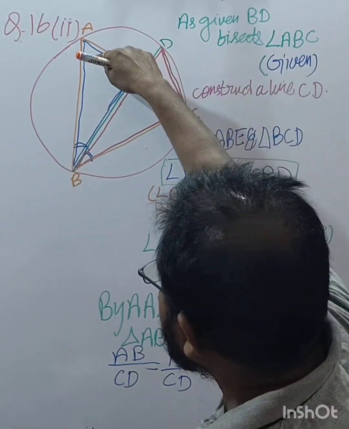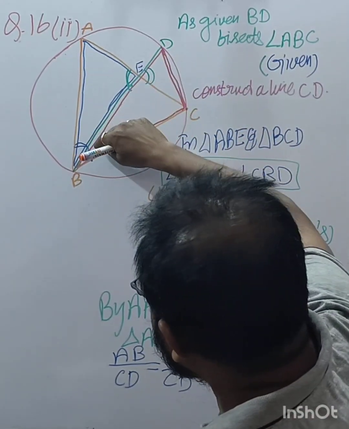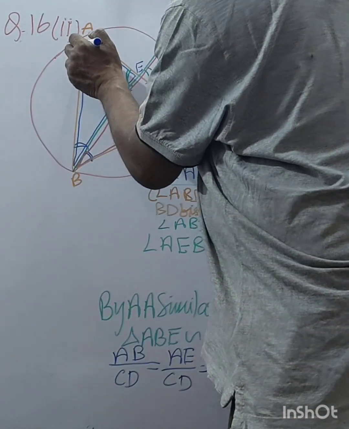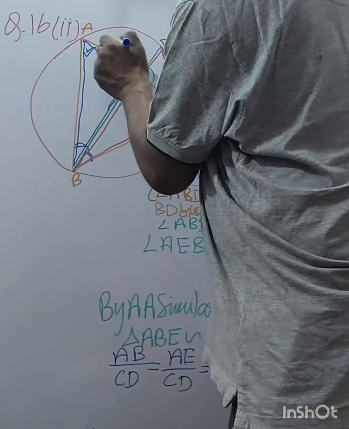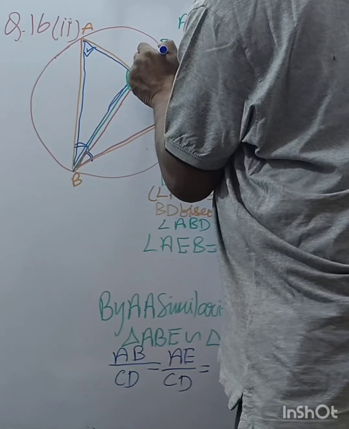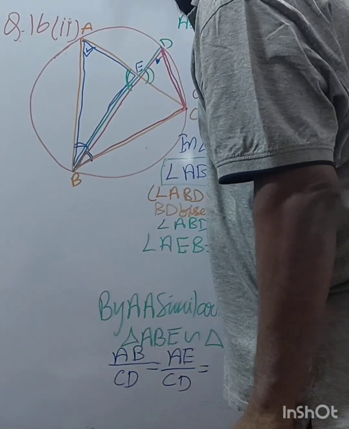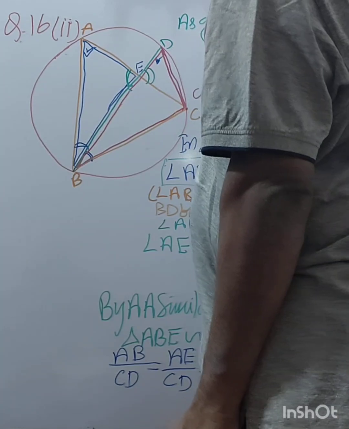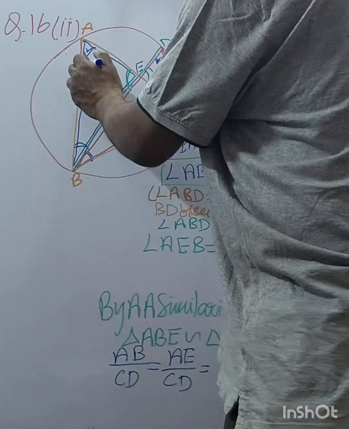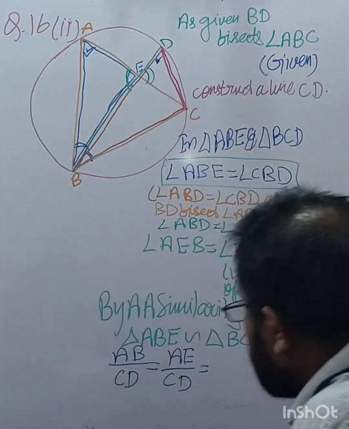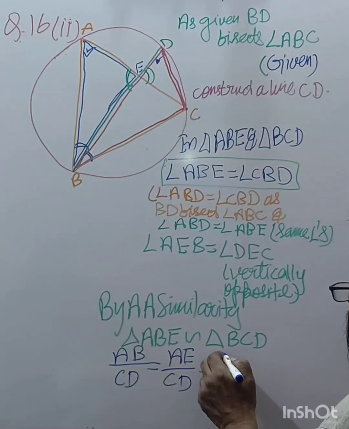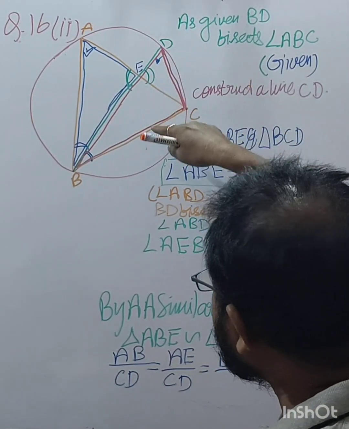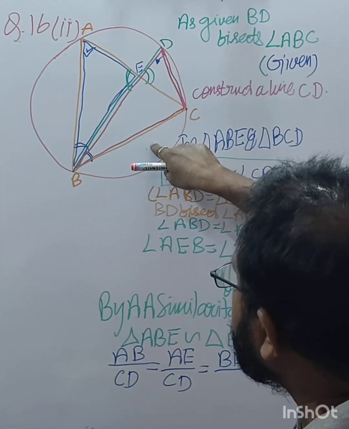Now these two, this angle is equal to this angle, so this angle will also be equal to this, right? So opposite to this is BE, and opposite to this is BC.